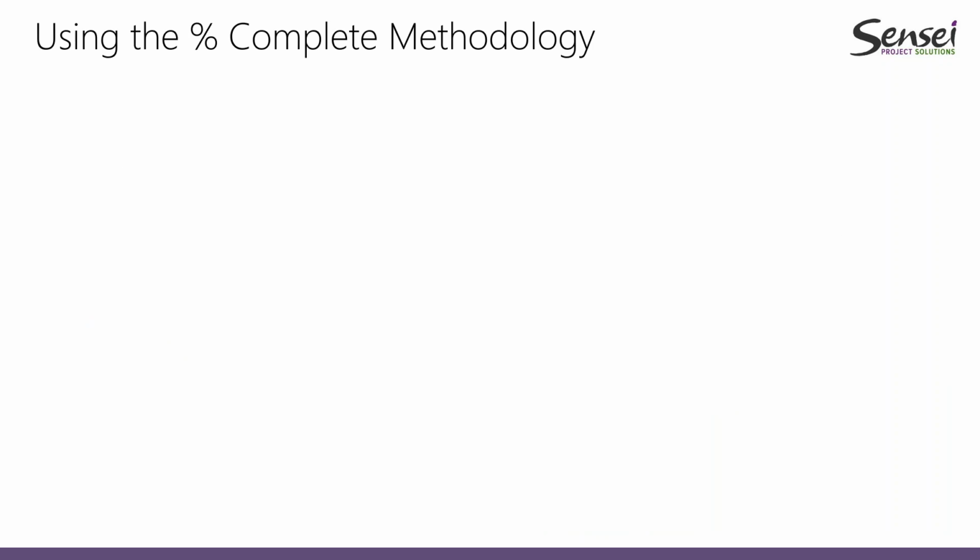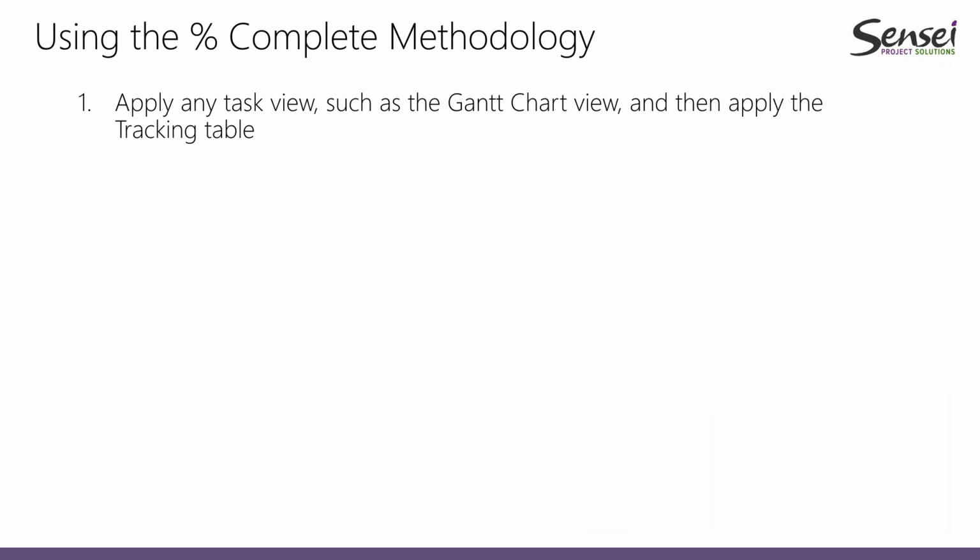So let's move on. First of all, we are going to talk about the utilization of the percent complete methodology. What we as a company recommend is that we can always use the tracking table. The tracking table is the best table that we can use to determine the progress of the tasks or the progress of our schedule.